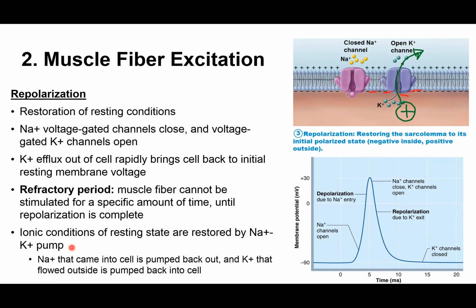And so as we hopefully remember, the sodium that came into the cell is now going to be pumped back out, and the potassium that was pumped out of the cell is going to be pumped back into the cell.